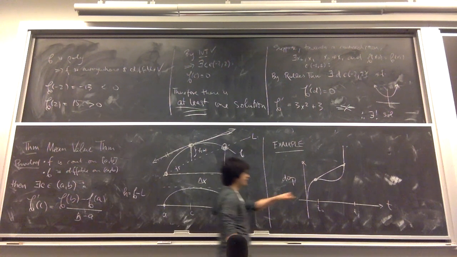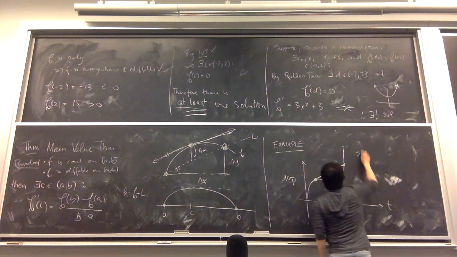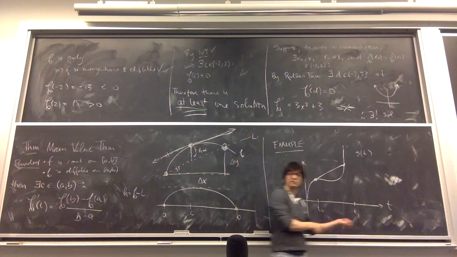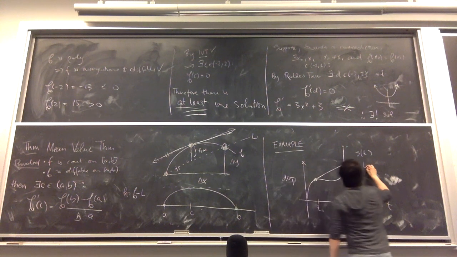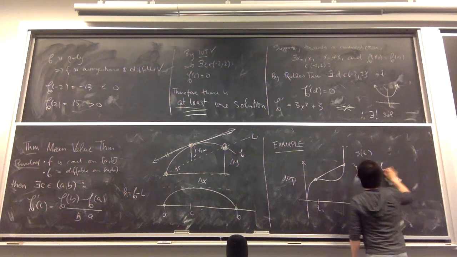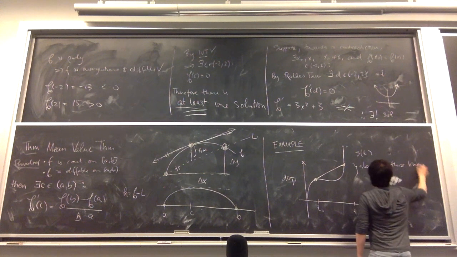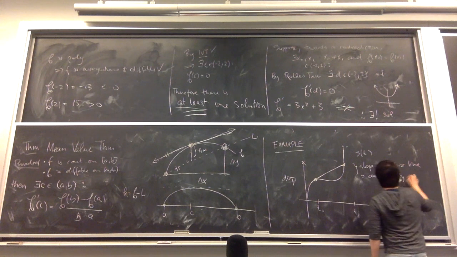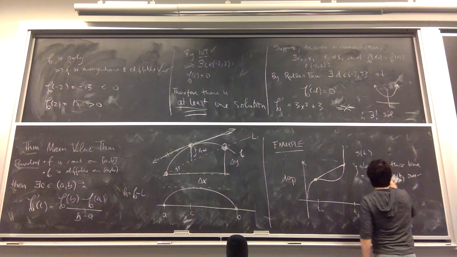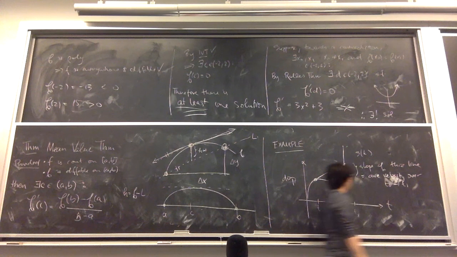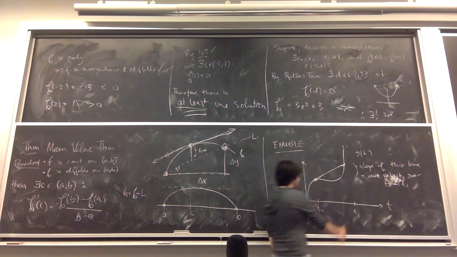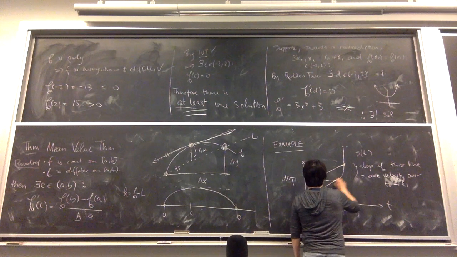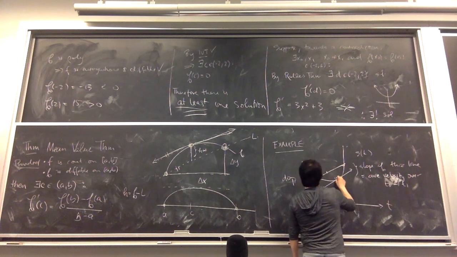So you've got to remember, if this is a graph of the displacement, then the slope of this line is the average velocity over t0 through t1. But that means the mean value theorem says that we're guaranteed to find another point here, c, where the lines are tangent.